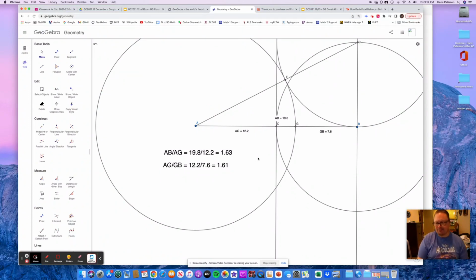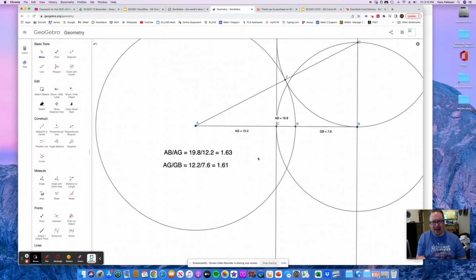So now the point here was we're trying to find a golden cut for our segment AB, and the ratio of the whole segment to the golden cut is congruent to the ratio of the golden cut to the other side of the golden cut.